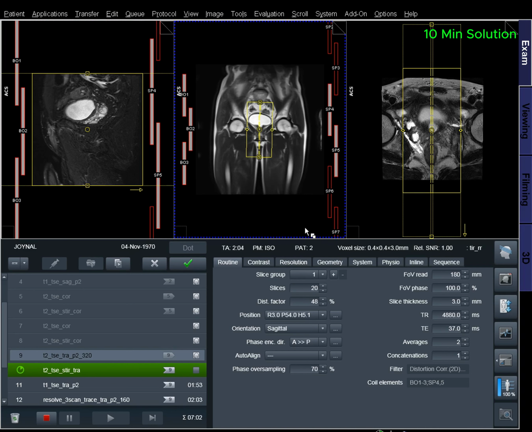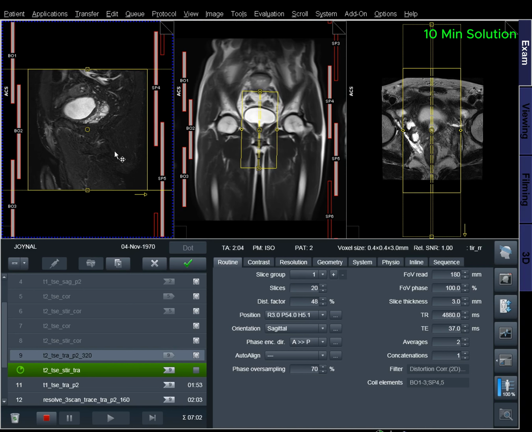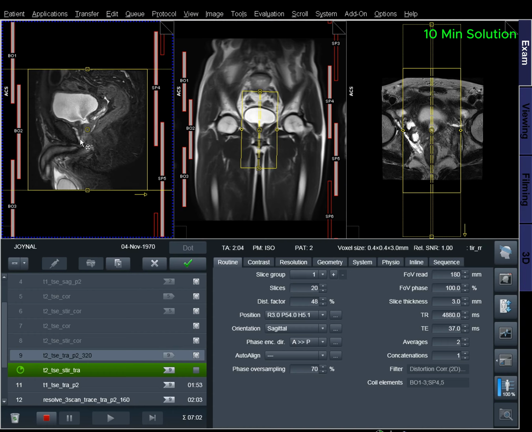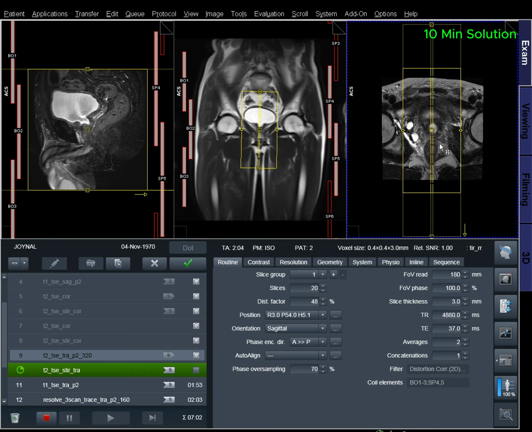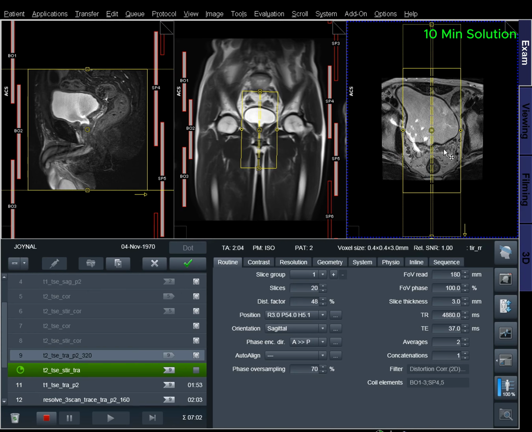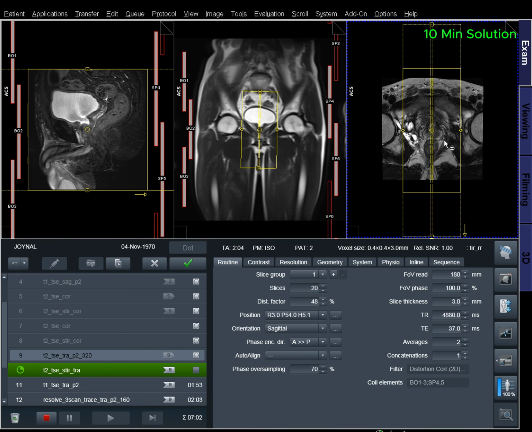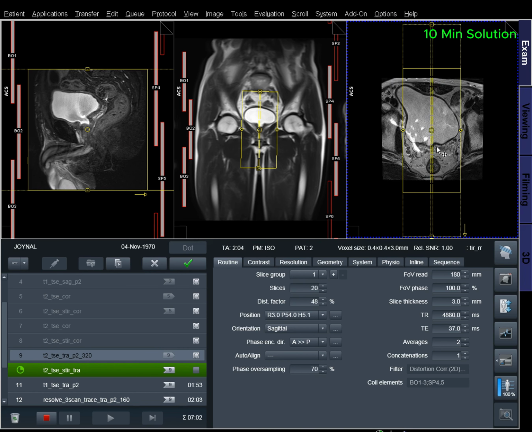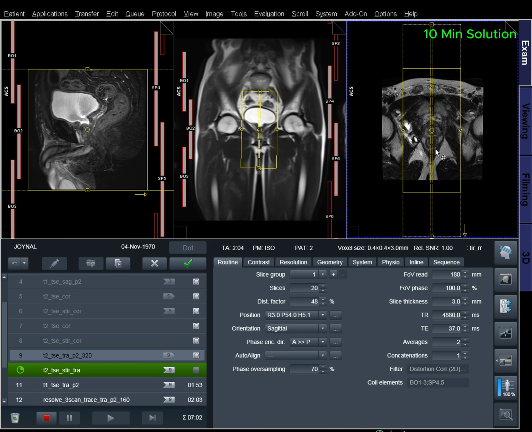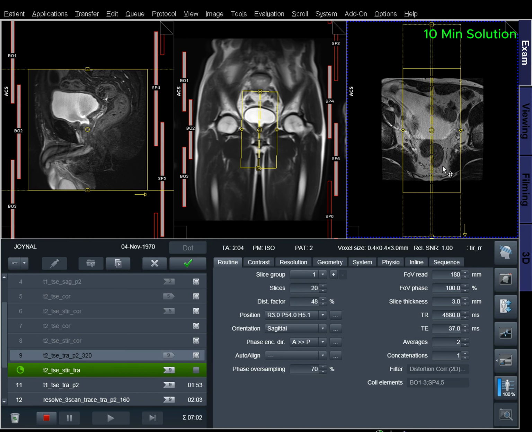T2 TSE Sagittal Planning. Plan the sagittal slices on the axial plane, angling the positioning block parallel to the intrapubic fibrocartilage and the anal canal. Check the positioning block in the other two planes, ensuring an appropriate angle is given in the coronal plane, parallel to the intrapubic fibrocartilage.